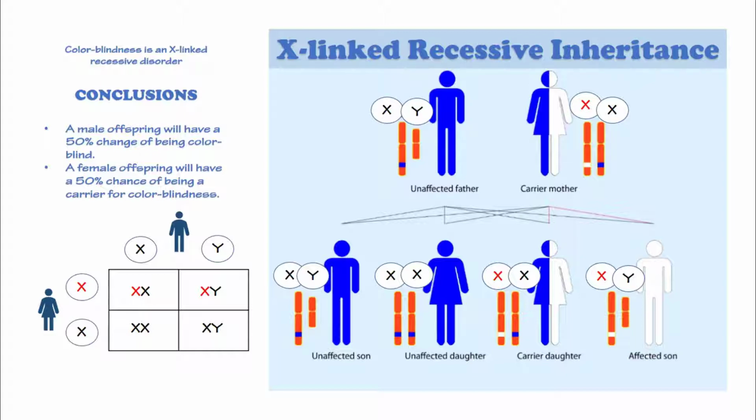But you might also notice, because this is a recessive trait and it's X-linked, it is impossible in this situation for a female to have inherited two X chromosomes carrying the color blindness gene. Therefore, there is a 0% chance that any of the female offspring will have color blindness.